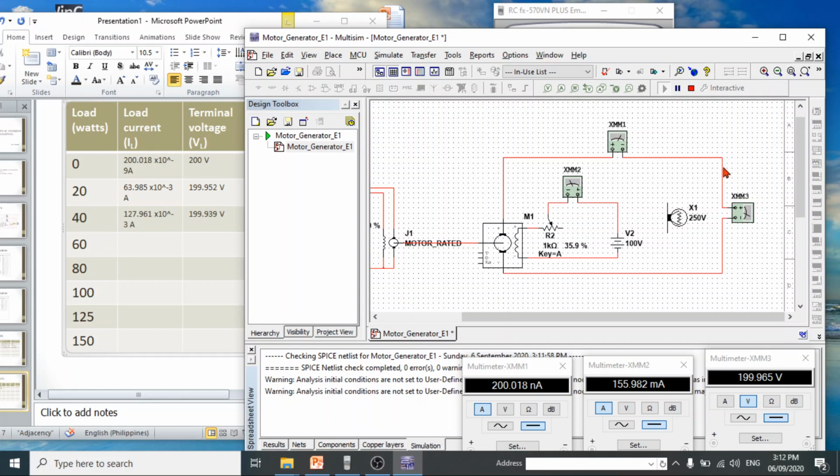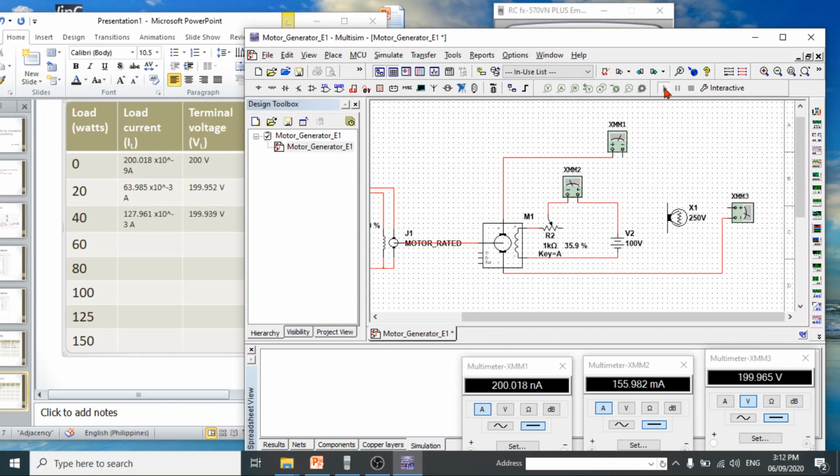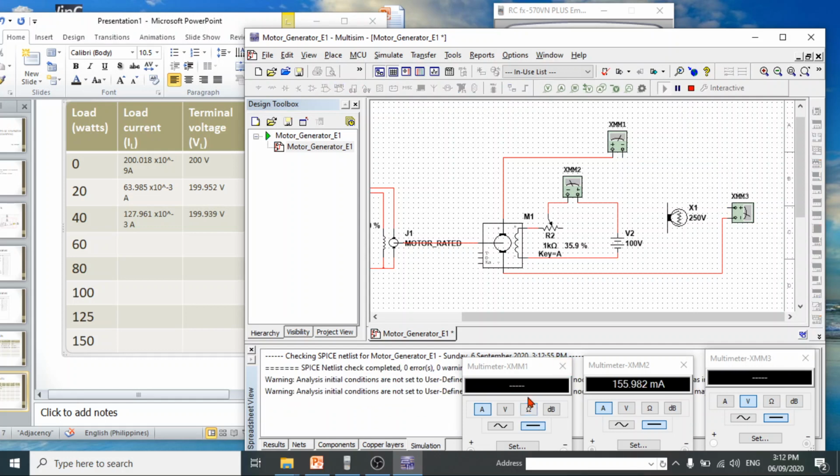If we disconnect the voltmeter and simulate again, we will see that the current is 0 ampere, which means that no load is drawing current from the generator.